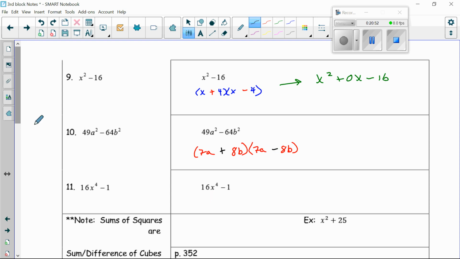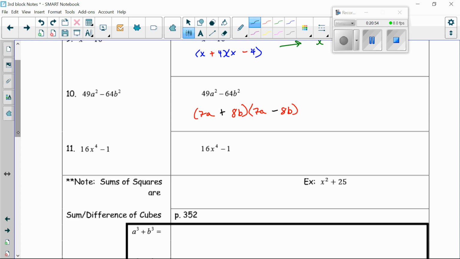Okay, if it has a GCF, you still need to take that out first. If it has a higher exponent, as long as it's a perfect square, we still take its square root. Now make sure you factor completely. Square root here is 4x squared. Square root of 1 is 1. We have 4x squared and 1 again. 1 plus, 1 minus.